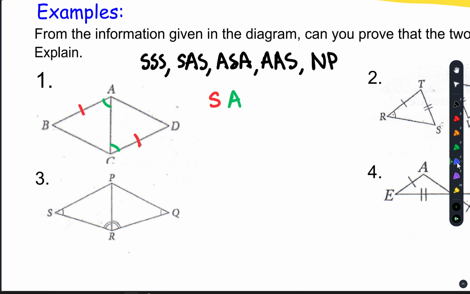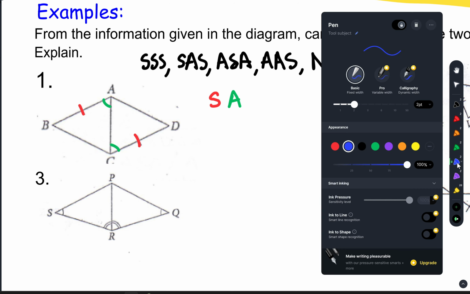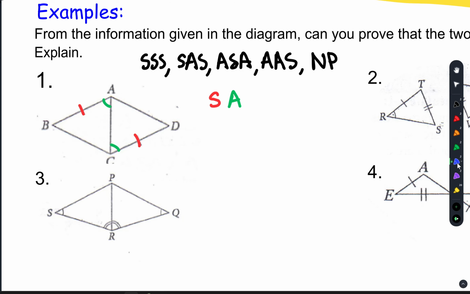Then I have to take a look at what else do I have? Because it's not always going to be given to me. Do I see in this diagram something that's not marked, but something that we definitely know is congruent? Caitlin? What other side? This one?